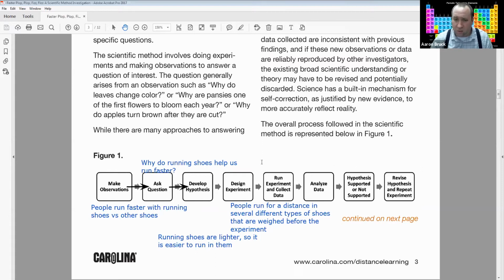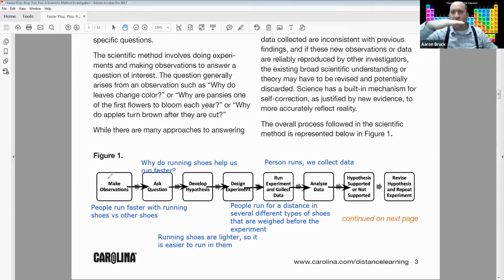And so we run an experiment. We collect data. We then analyze that data and determine if the hypothesis is correct or incorrect. And from there, this is where things can get a little bit more cyclical. Right now, everything seems to be in a very flat line.